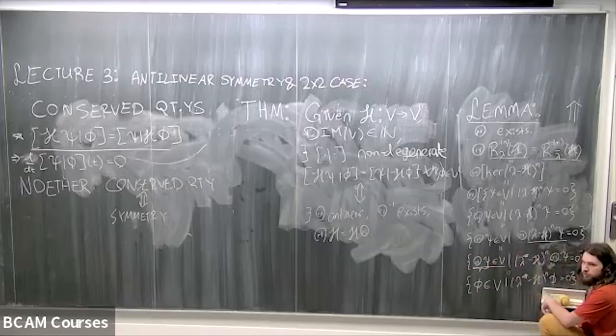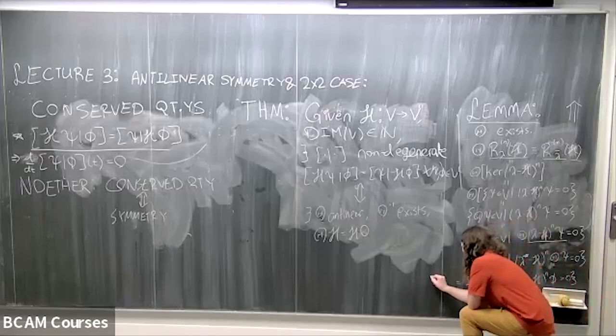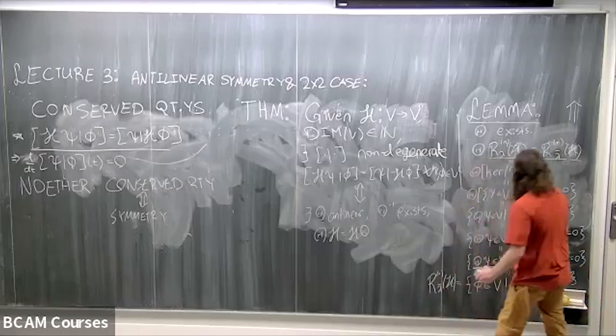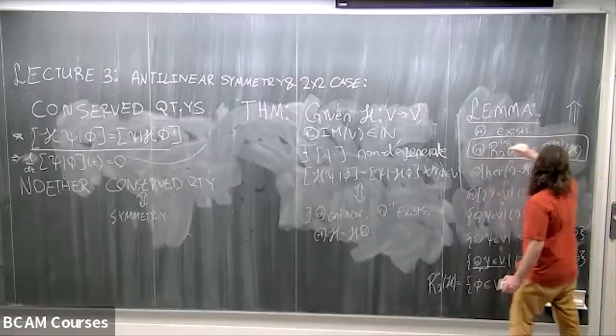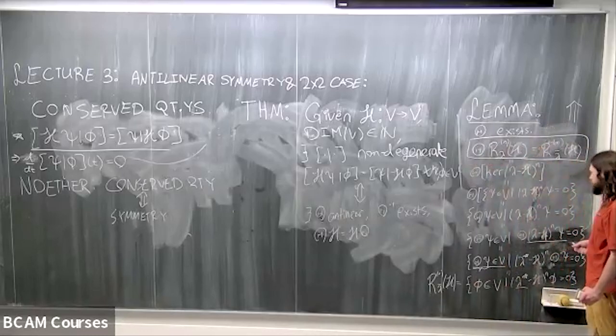And voila, we've reached the root subspace corresponding to eigenvalue lambda conjugate. Okay, so this proves the lemma, and the lemma immediately establishes the upwards arrow in the theorem.